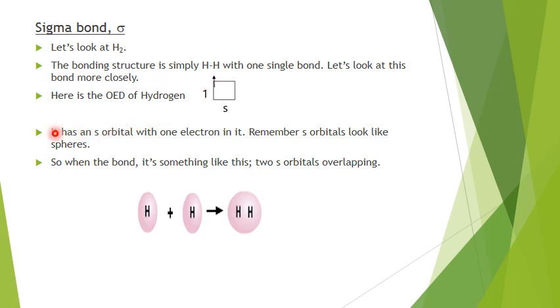So it has an s orbital with one electron in it. Remember that s orbitals look like spheres. When each hydrogen bonds, their two s orbitals overlap like this.